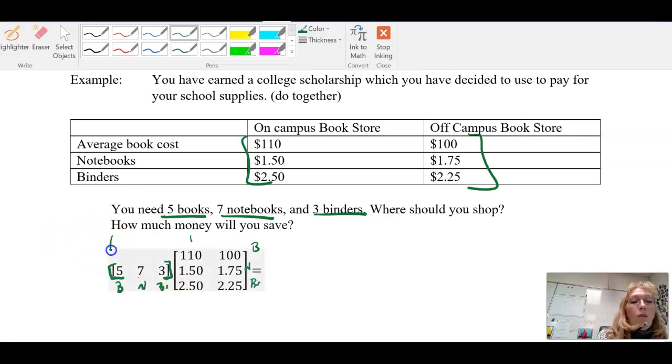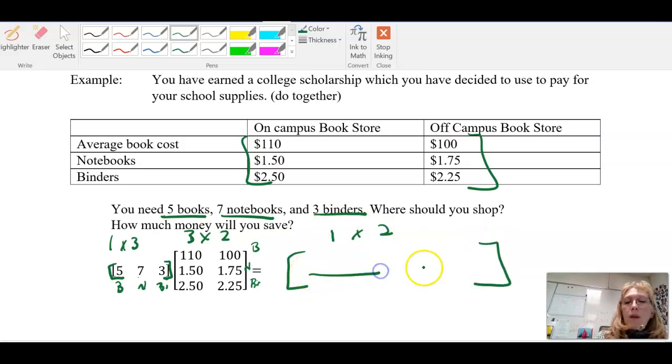So this is a 1 by 3, and this is a 3 by 2, which means I'm going to end up with a 1 by 2. One row, 2 columns, which makes sense. I need one from each store. This is the on-campus bookstore, and this guy's off campus. We multiply just like before. We take first row times first column.